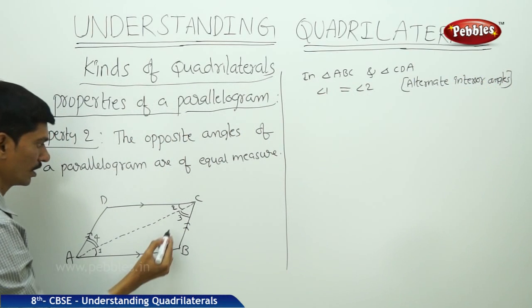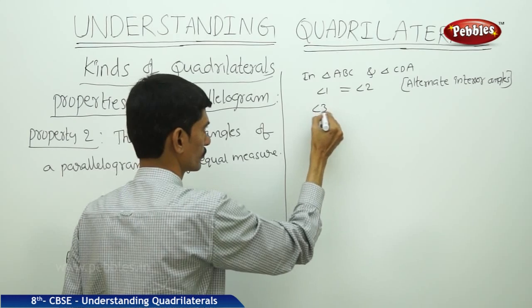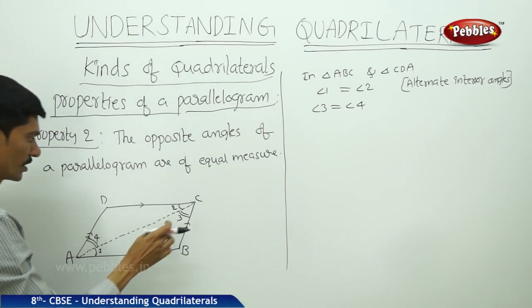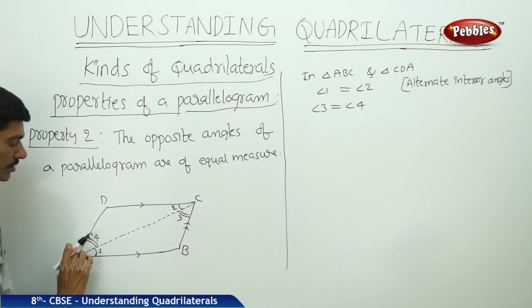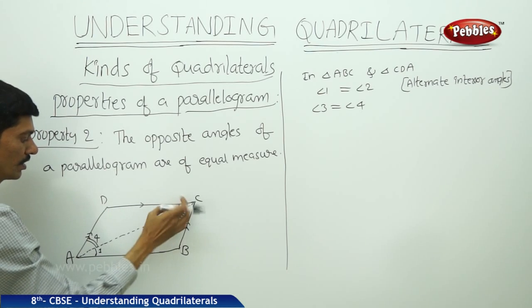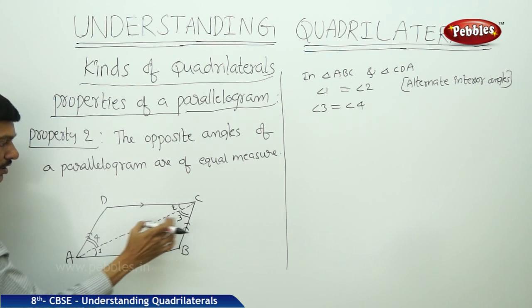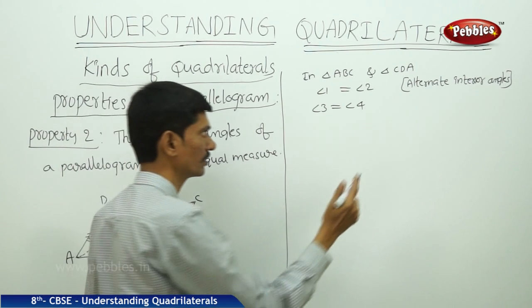Next, angle 3 equals to angle 4, because in the parallelogram ABCD, since AB parallel to DC and AC is the transversal, we can write that angle 3 and angle 4 are alternate interior angles. So these two alternate interior angles are equal.